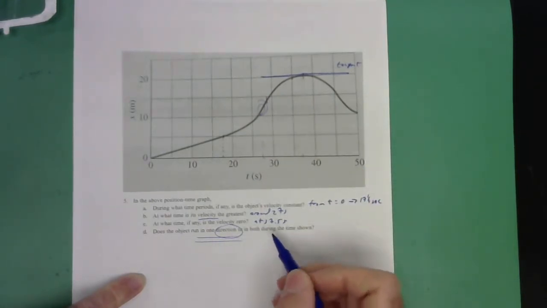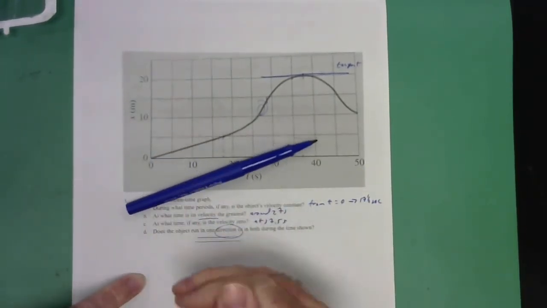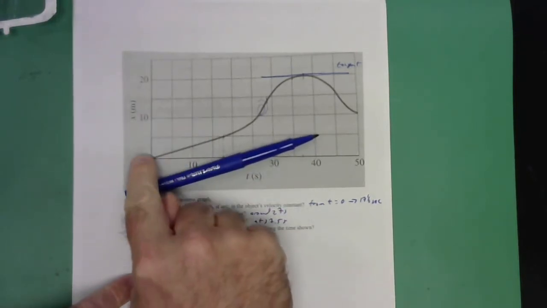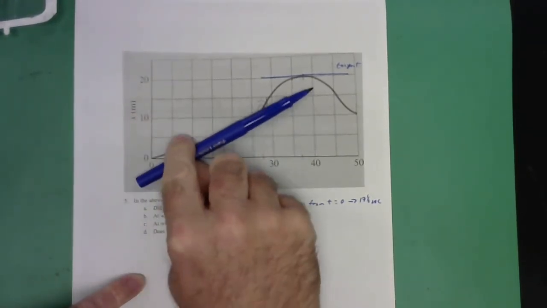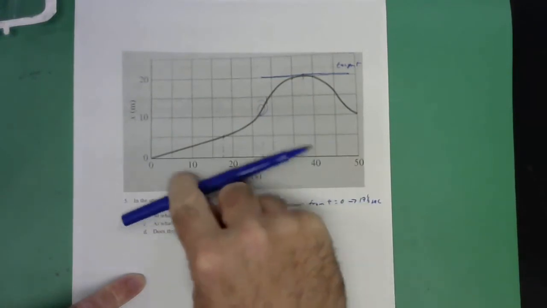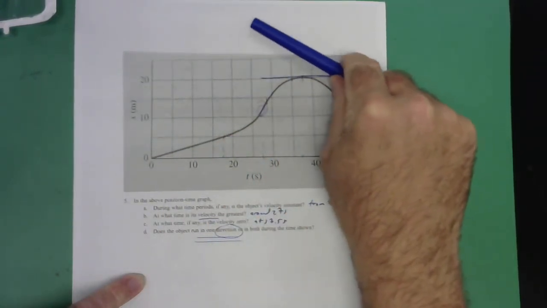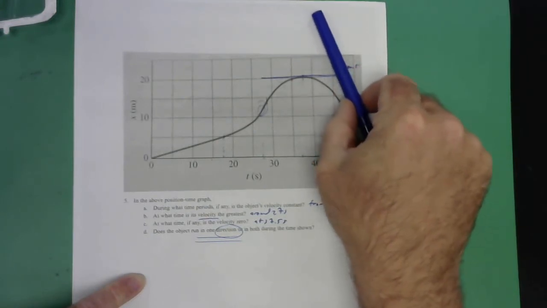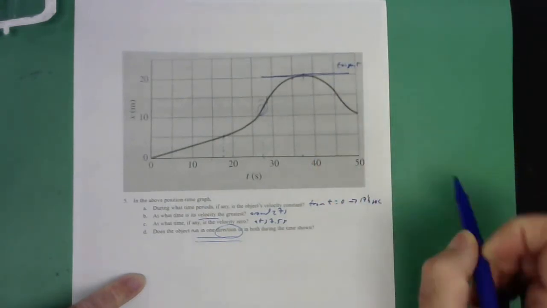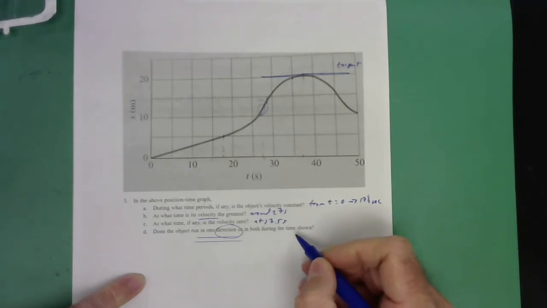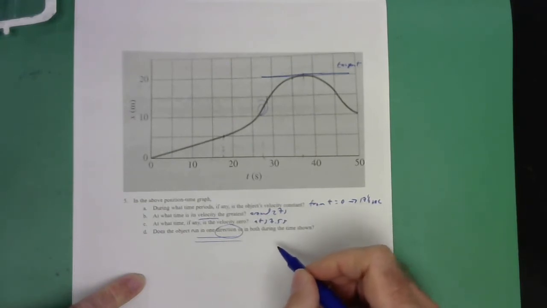So yeah, if you look at these slopes here, they're all going up. I'm adding to my position each second. These are positive slopes until I get to this point. Now my slopes are all negative. So we say it's not going in one direction, it's going in both.